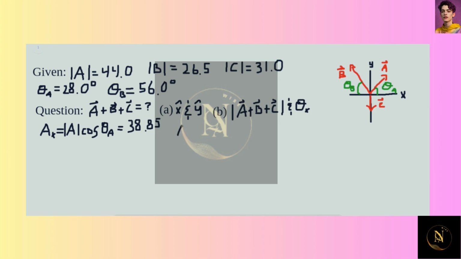Now, we want to figure out A y. A y is also the magnitude of A, but this time it's multiplied by the sine of theta A, since it's in the y direction. So now we have 44 multiplied by the sine of 28 degrees, and this comes out to be 20.66.